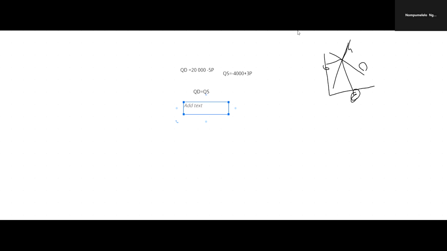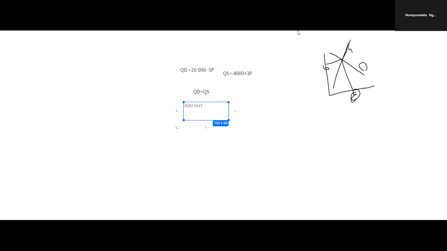So plus 5p. 20,000 plus 4,000 is going to be 24,000. 24,000 equals 3p plus 5p, which is going to be 8p.